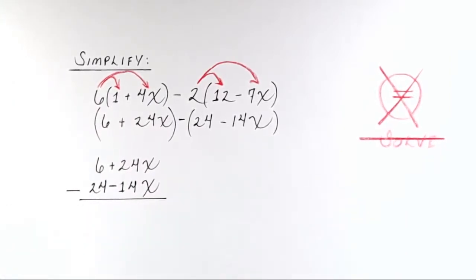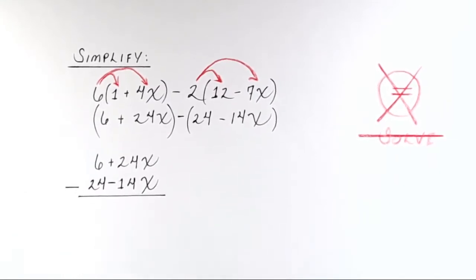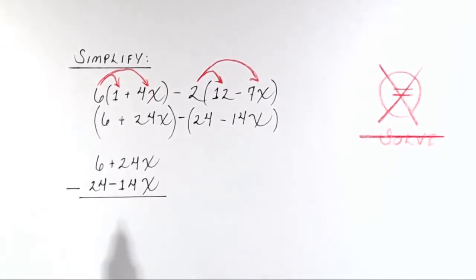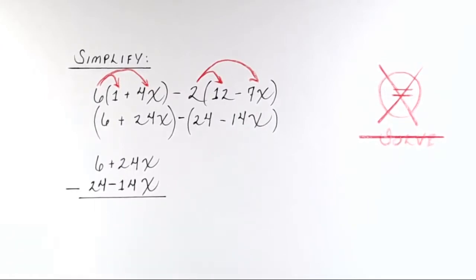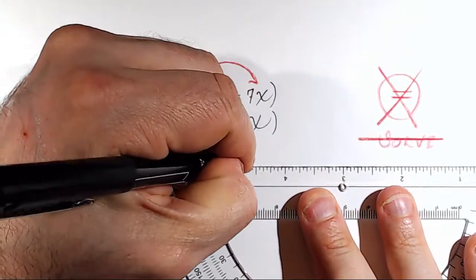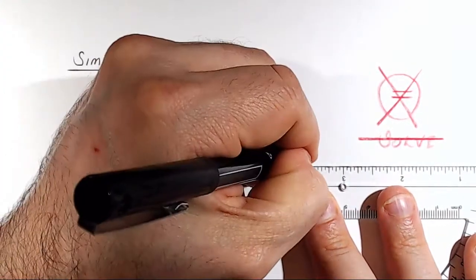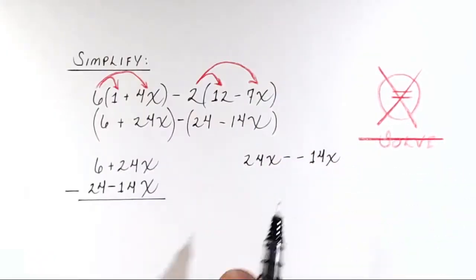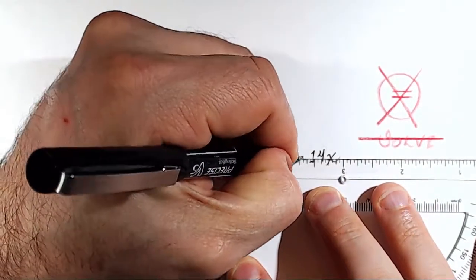So we are going to subtract each piece of this. So think about this with me. Let's start on the right. We have 24x minus negative 14x. Here's how that looks. Okay? Notice those two minus signs, they come together and they make a plus sign.